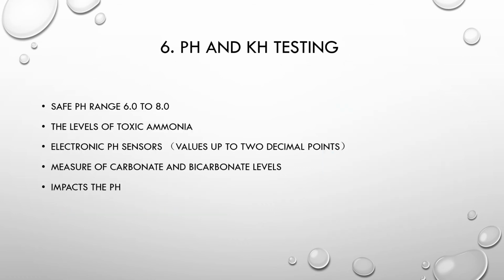Sixth, pH and KH testing. A safe pH range for a pond or lake is between 6 and 8. The pH of the water alters and increases the level of toxic ammonia.